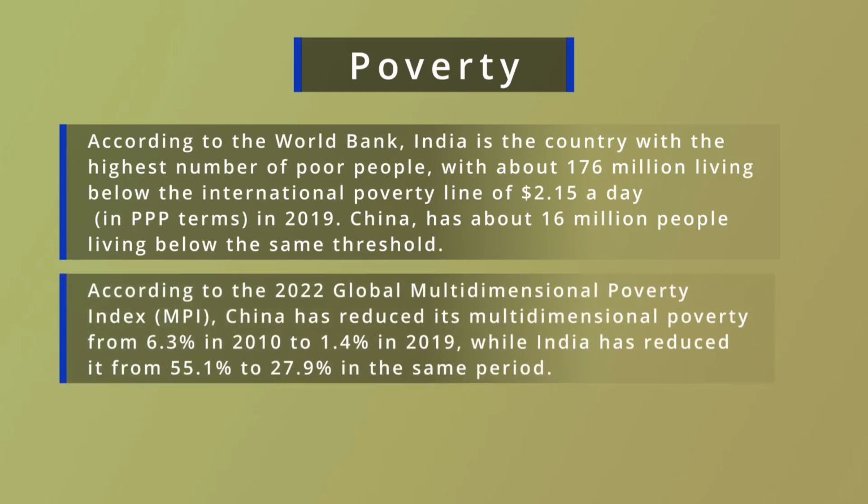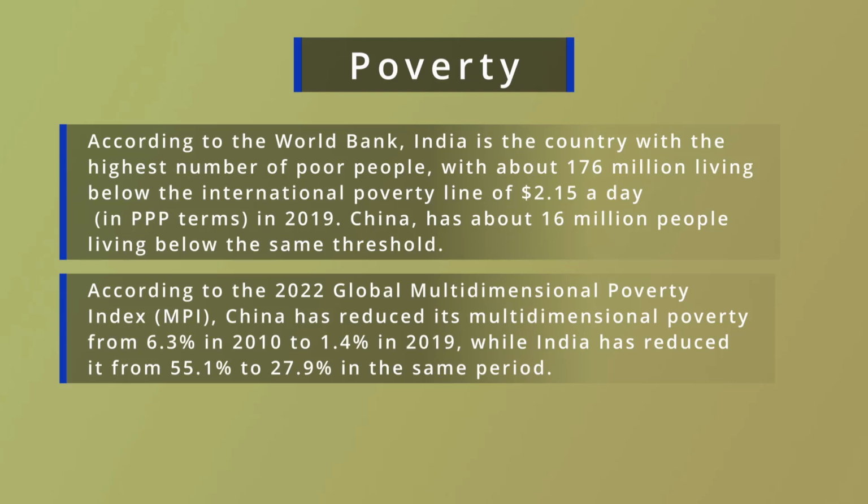According to the latest estimation of the Global Multidimensional Poverty Index in 2022, China has reduced its multidimensional poverty from 6.3% in 2010 to 1.4% in 2019, while India was able to reduce it from 55.1% to 27.9% in the same period.